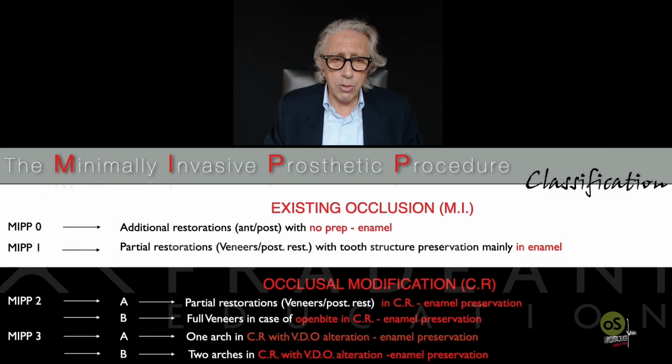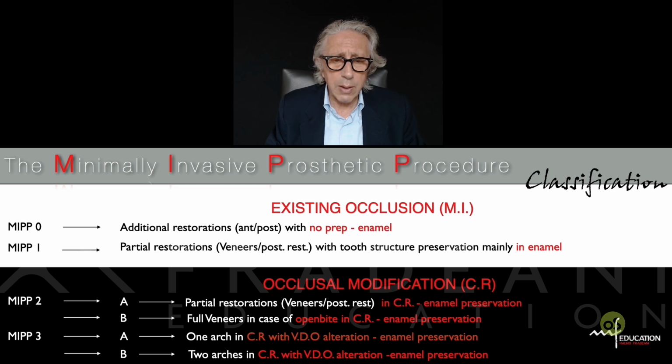So let me give you a description of the families that we have divided, the MIPP. The classification says that we have MIPP 0. It means additional restoration, where you have to add maybe a veneer, an additional veneer, without preparing the teeth, with no prep, but in enamel, of course.